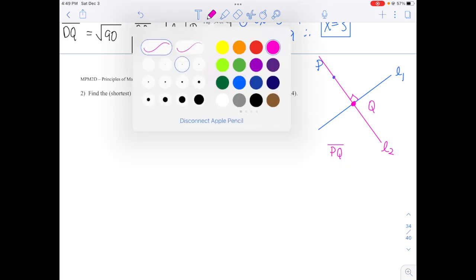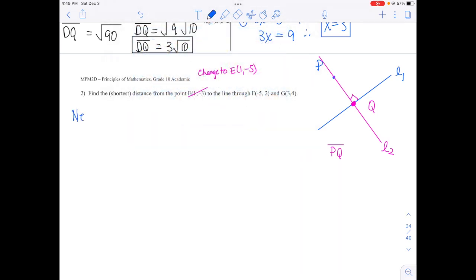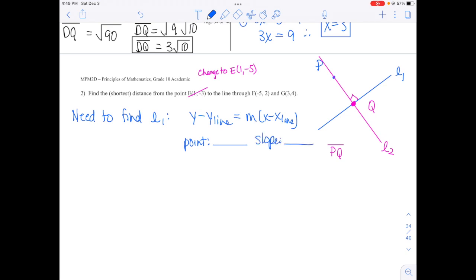Now here we have an extra step because we need to find the equation of L1. And we're going to do that using y minus y1 equals m times x minus x1. Again, I need a point and a slope. So this is for L1.